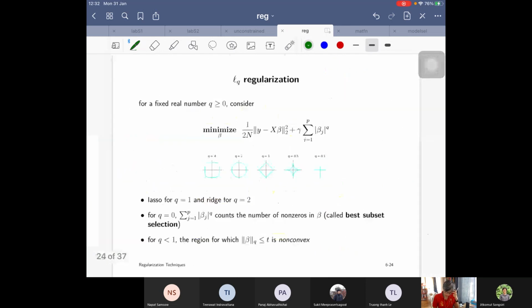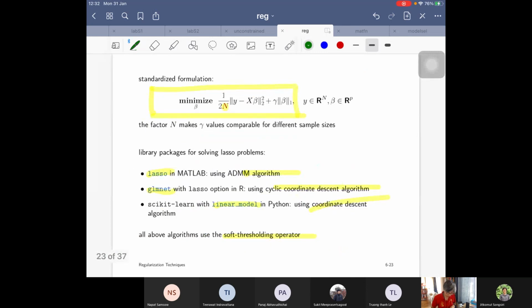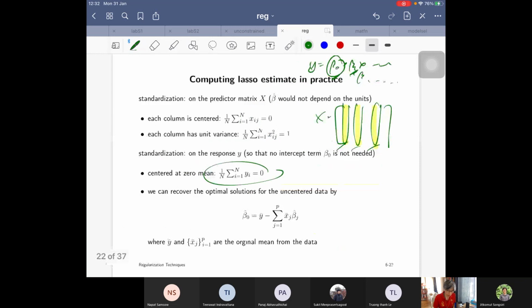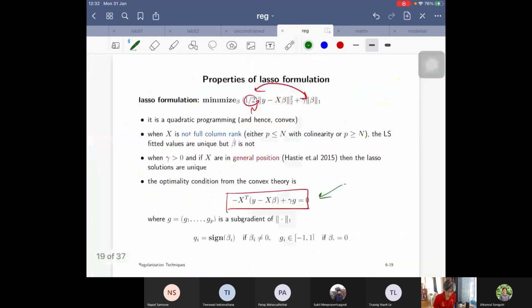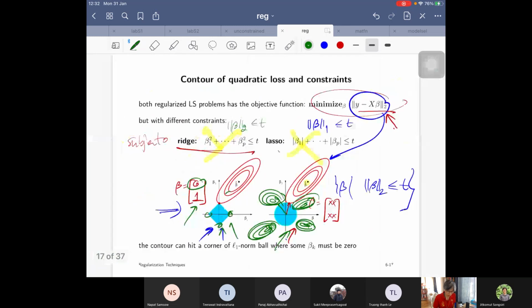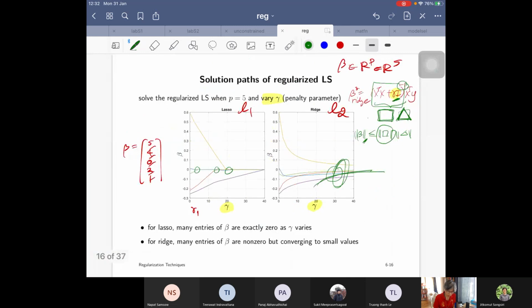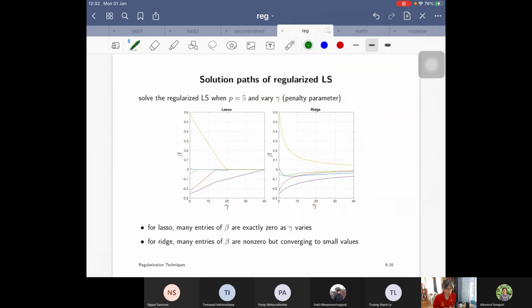Yes. When I assign the homework problem, you can call this library, and what you need to enter is, of course, X and Y. If you want to solve the lasso for a specific gamma, you need to enter gamma. But if you want the command to compute the solution path, you need to tell the library how many points of gamma you want.